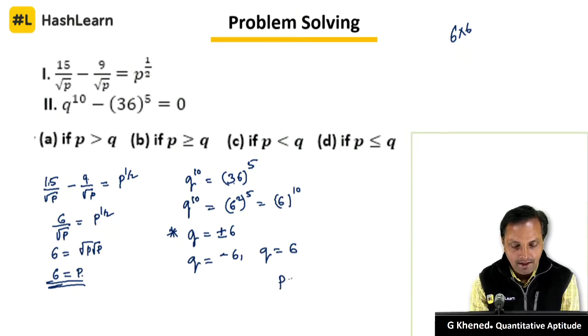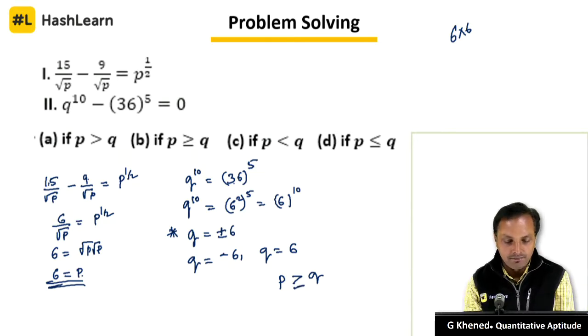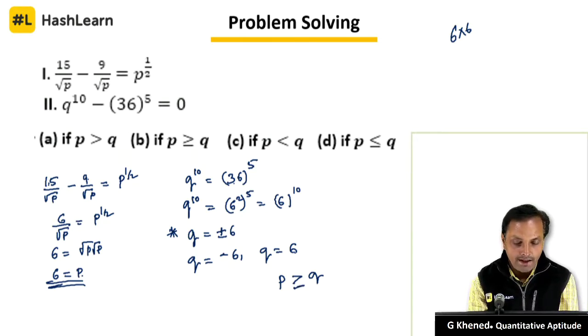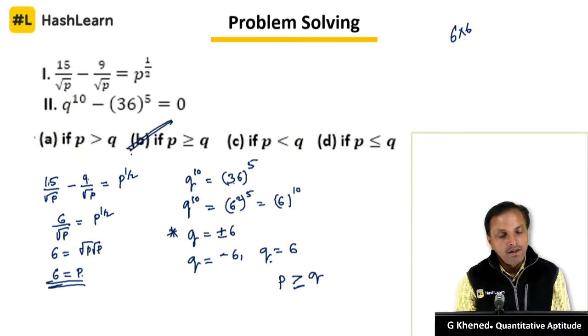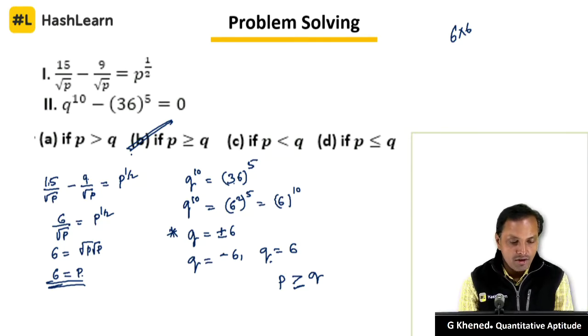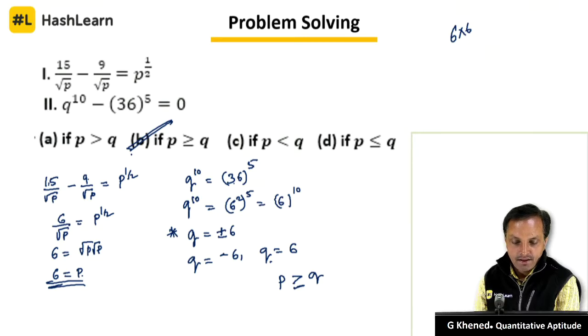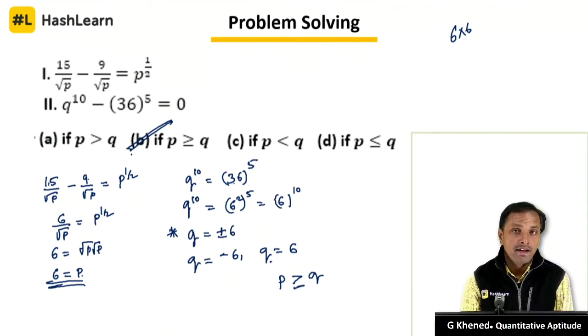Therefore p is greater than q, or p can be equal to q, because there is one case where the value of p and q are same. So here in this problem your option will be B, where p value is greater than q value, considering minus 6 as q value.